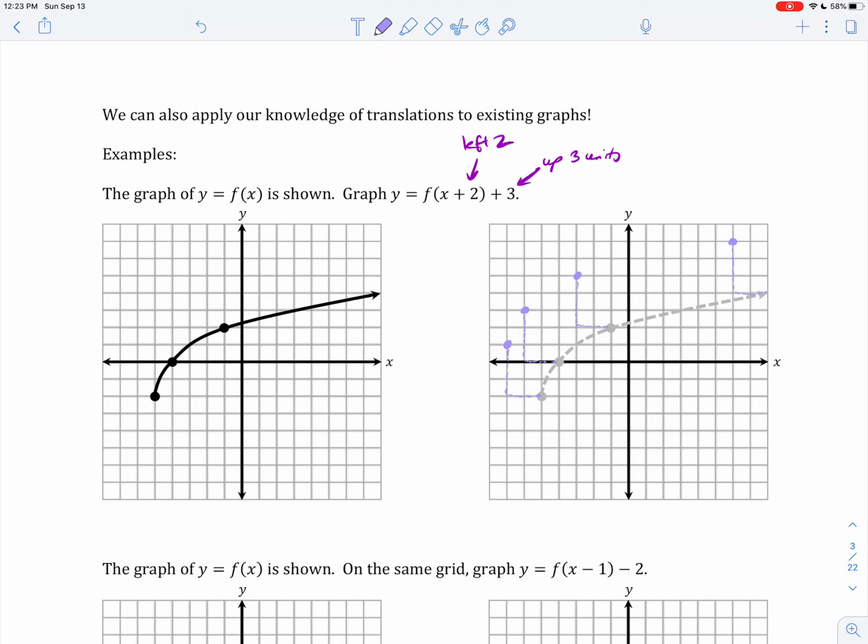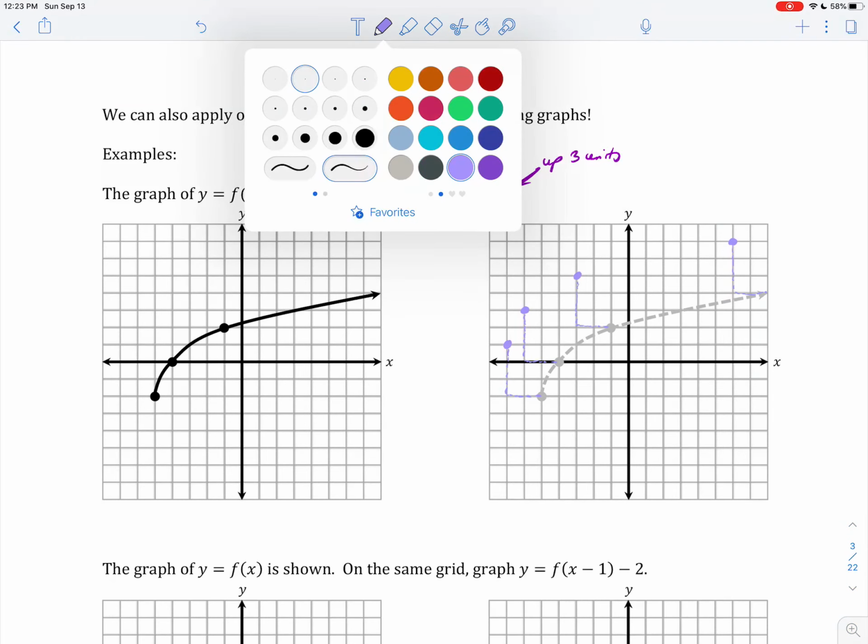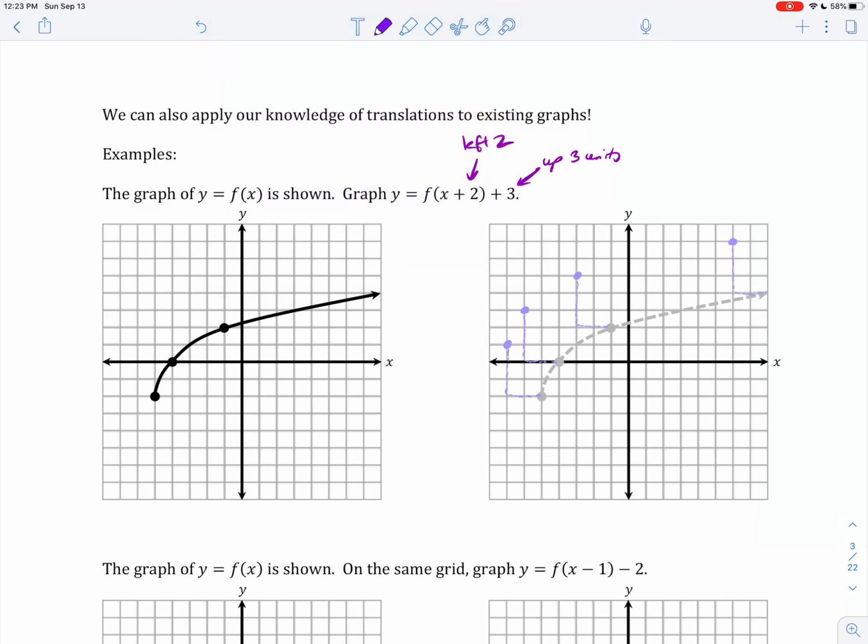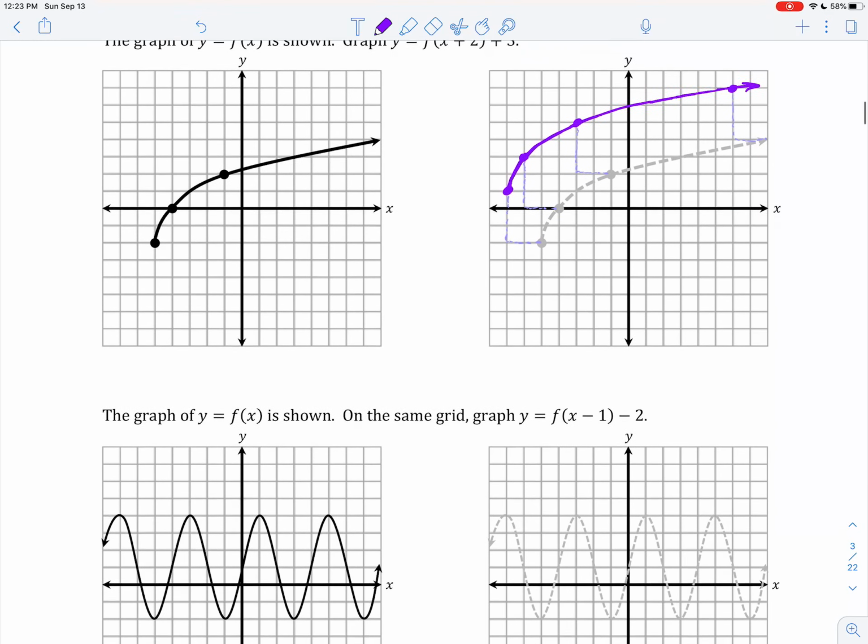At that point, we just need to play connect the dots. I like that purple. And this should look just like the original function, but just moved around a bit. And that's that. Feel free to try the next one.